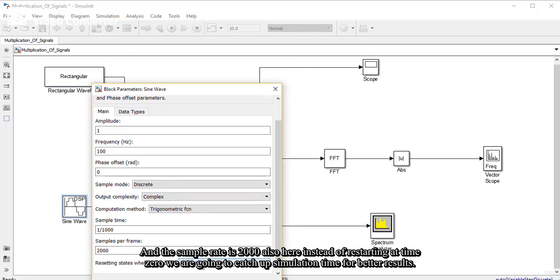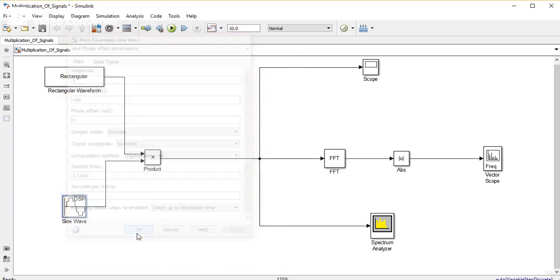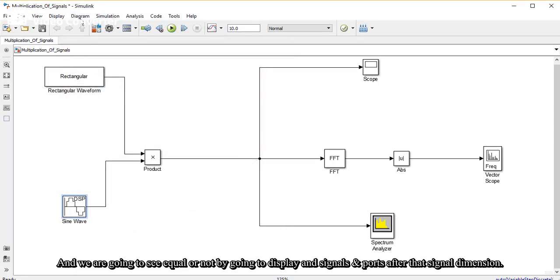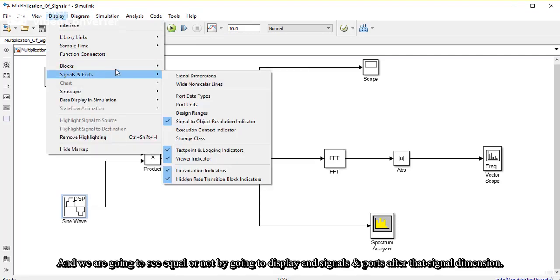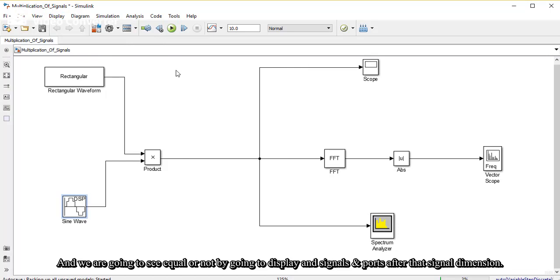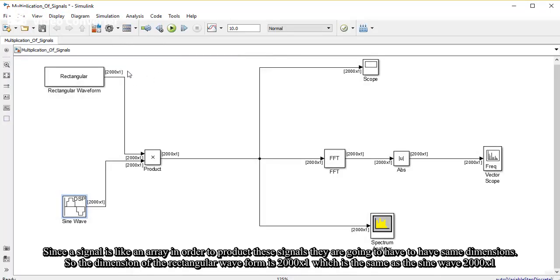Instead of restarting at time 0, we're going to catch up with the simulation time for better results, and we're going to see are they equal or not by going to display and signal dimensions. Since a signal is like an array, in order to product these signals, they have to have the same dimensions.